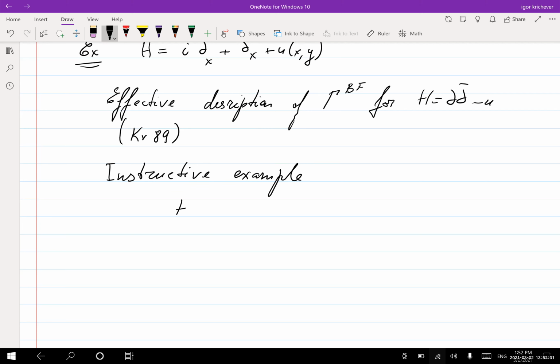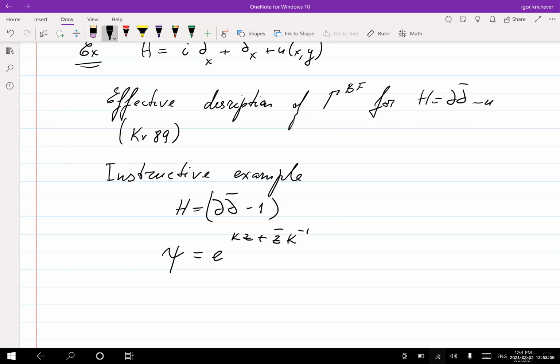Take H to be a very simple, almost free operator, d bar d minus 1. So I take the potential being just 1. In that case, Bloch solutions are very easy to write. It is e to the k z plus 1 over k, z plus z bar k inverse. This is the solution.